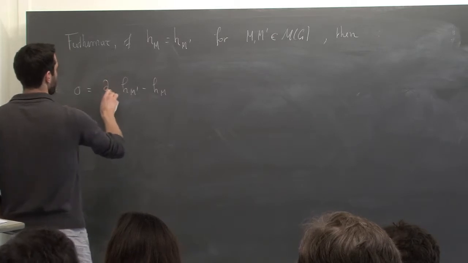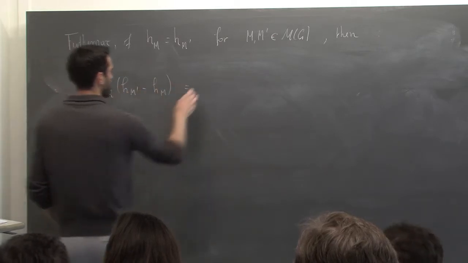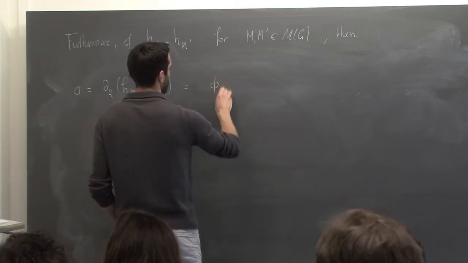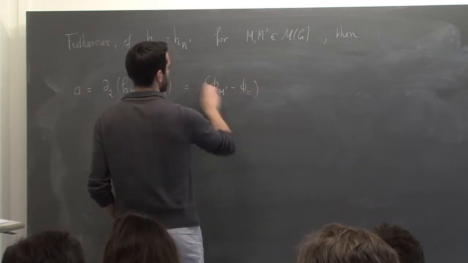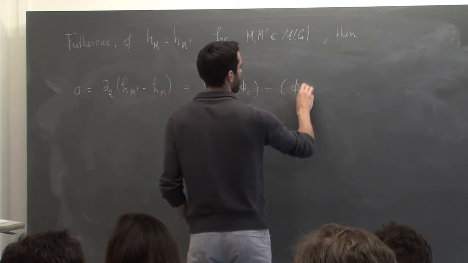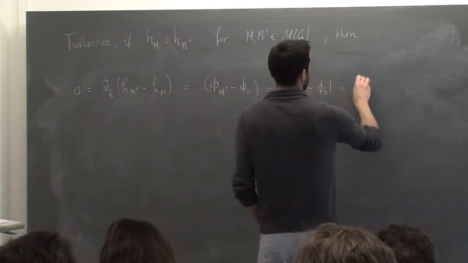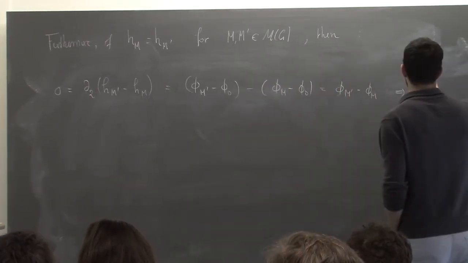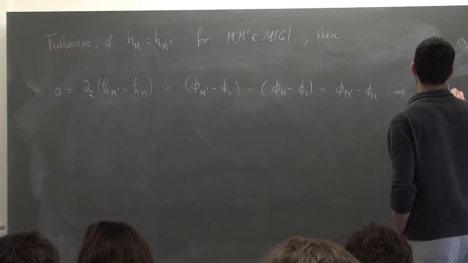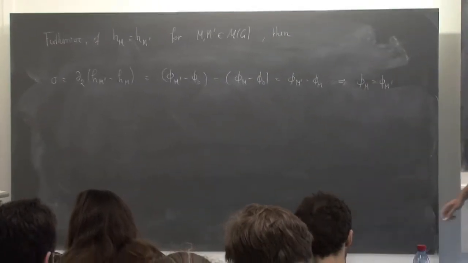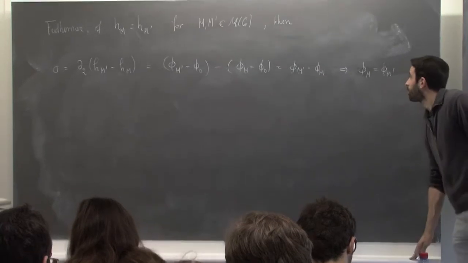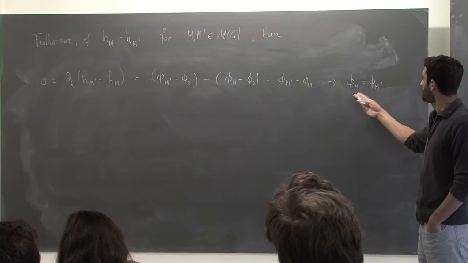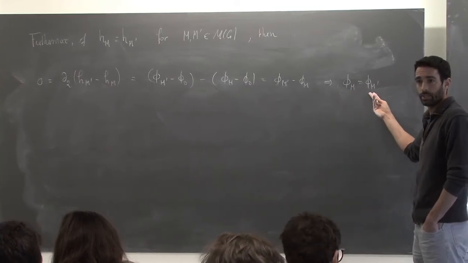So I'm just going to look at the boundary of this. This is the boundary of hm prime, that is phi m prime minus phi 0, minus phi m minus phi 0. So we have that, in this case, phi m is equal to phi m prime. But remember, this is the sum over all edges of the matching. So if these two are the same, it means that the matchings are the same.